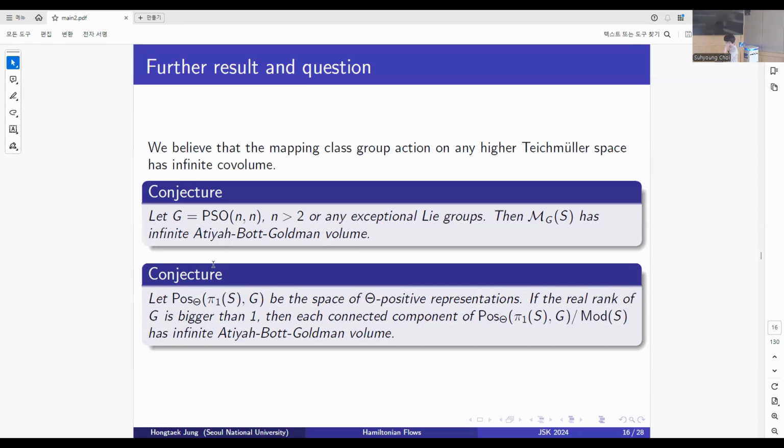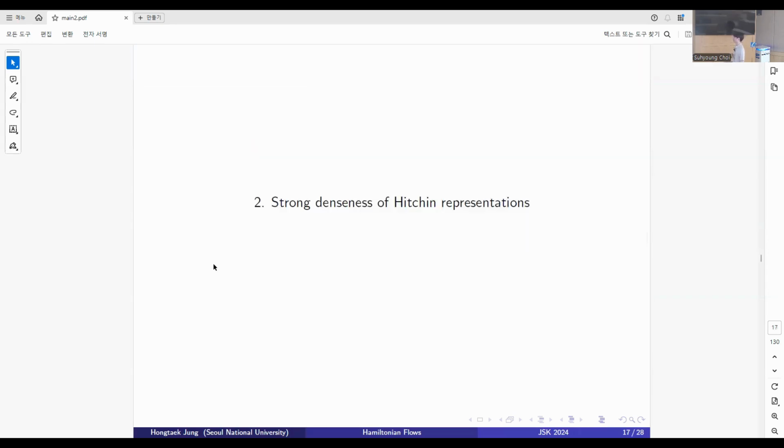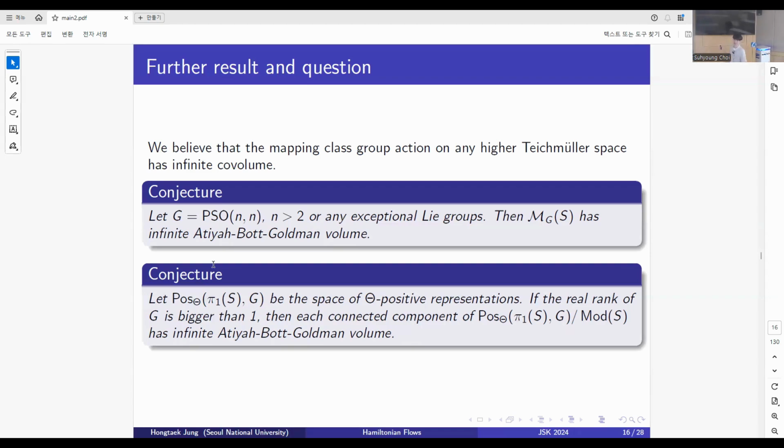That's our conjecture, but we don't have any nice idea to attack this conjecture yet. So this is the first part of our main theorem. And the second part, okay, before we move on to the second application, please ask a question if you have any.